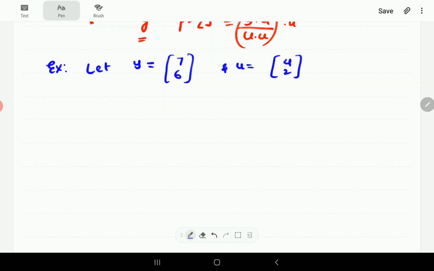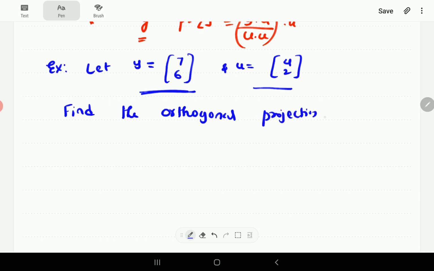Now we have to find the orthogonal projection of y onto u. Then we have to write also y as the sum of two orthogonal vectors.